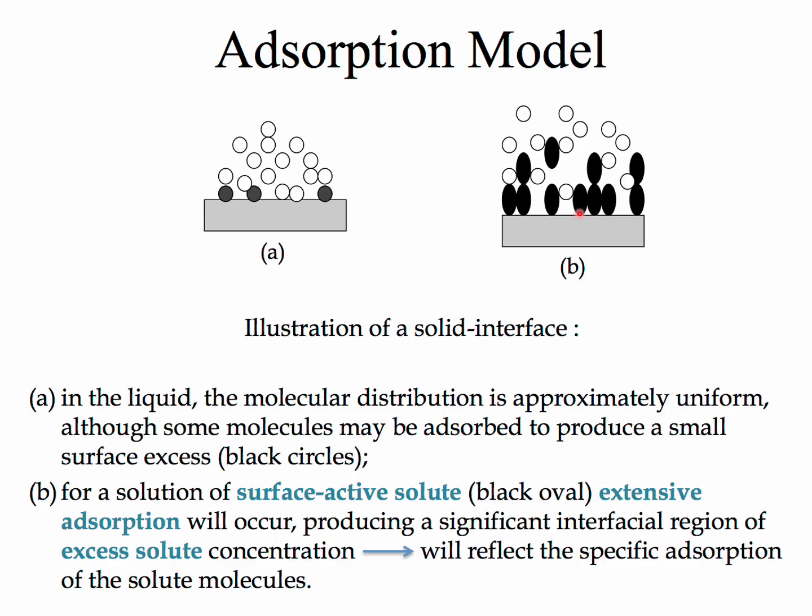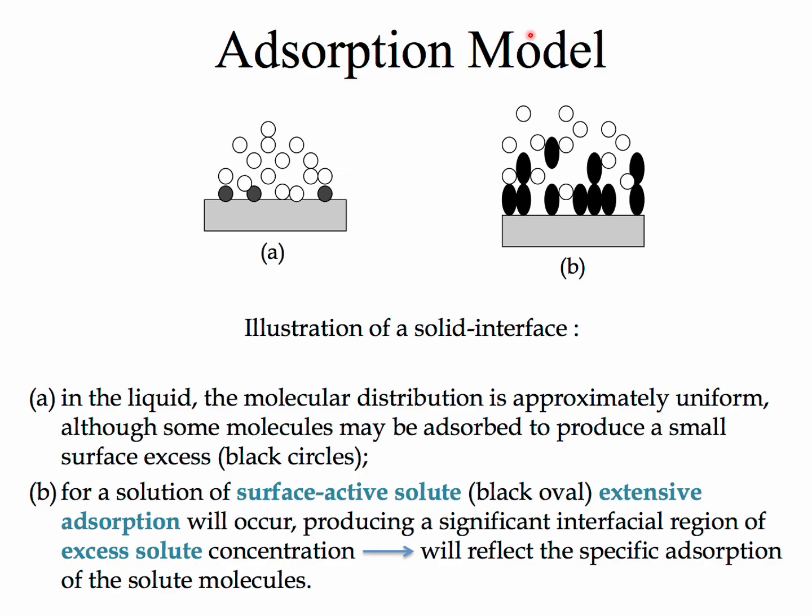Examples of such molecules include surfactants and detergents. These molecules strongly adsorb onto the surface, leading to a much higher accumulation at the interface. Because of this strong adsorption, a large number of molecules gather at the surface, resulting in a high concentration at the interface compared to the bulk liquid.